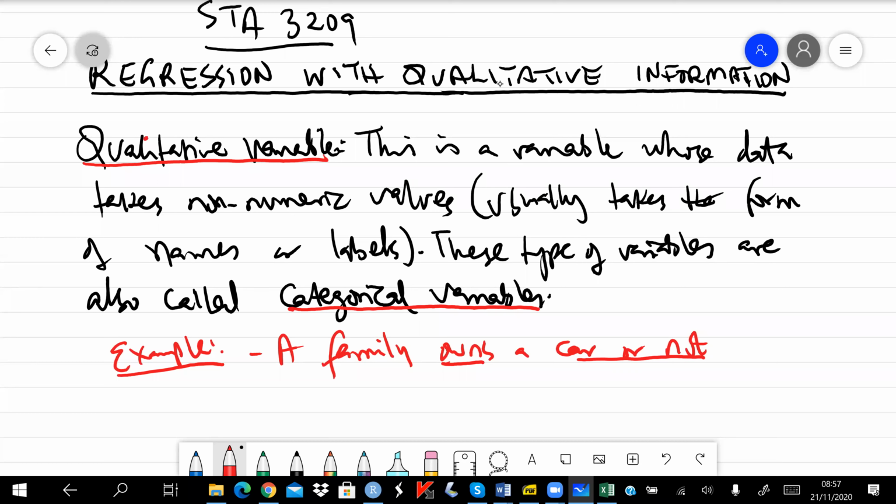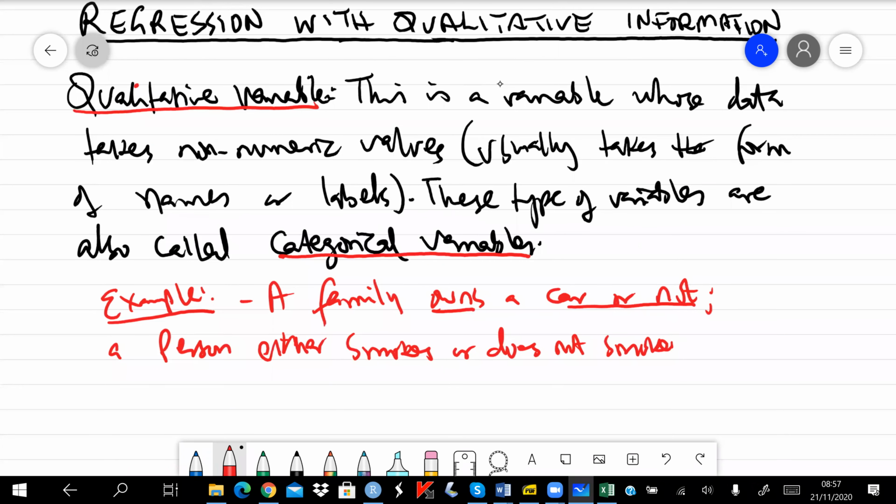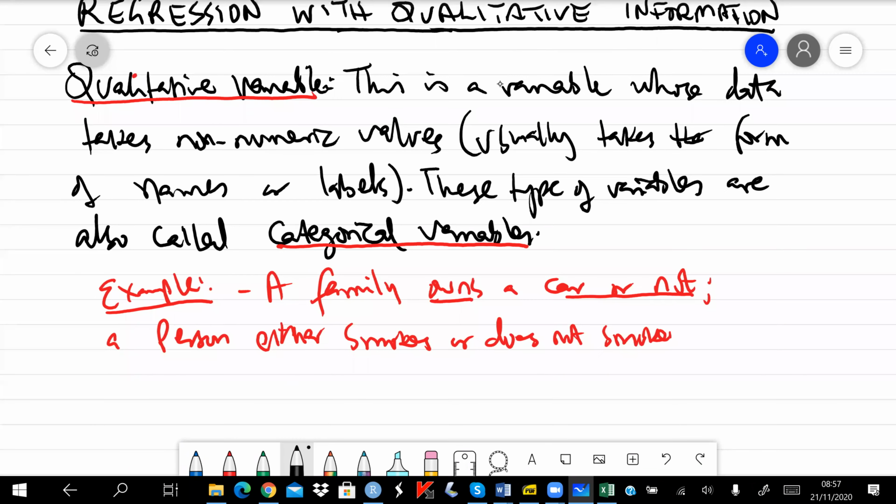Or we can say that any given family either owns a car or does not own a car. Okay. Then you can also have a person either smokes or does not smoke. So this is now what we should be calling the qualitative information.